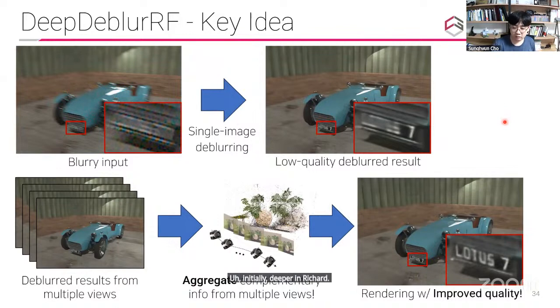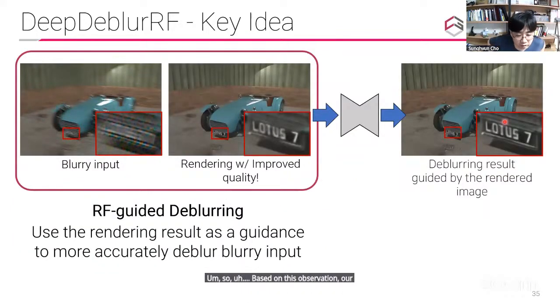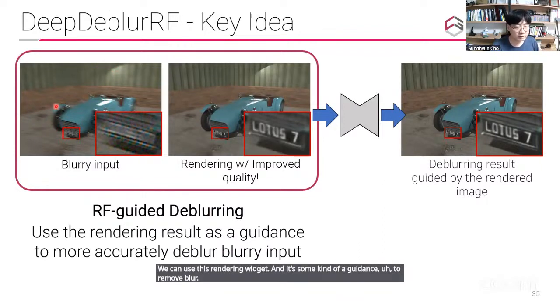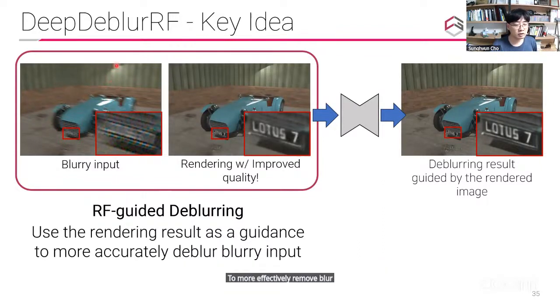Based on this observation, our key idea is this: we can use this rendering result as a kind of guidance to more effectively remove blur from this blurry image.